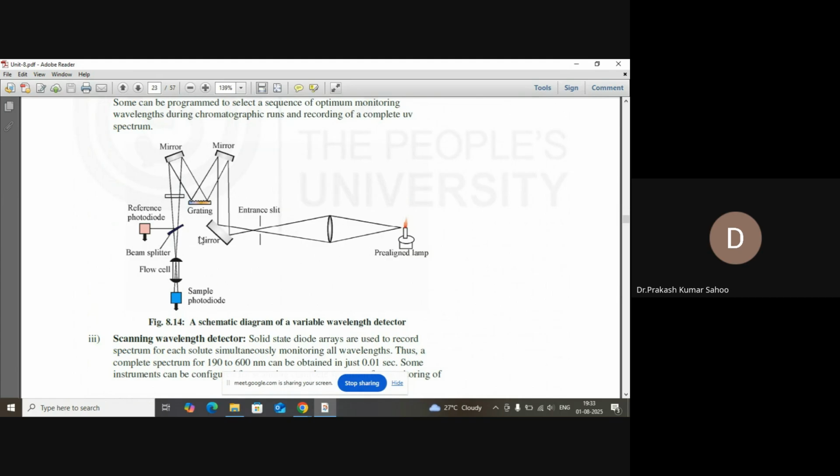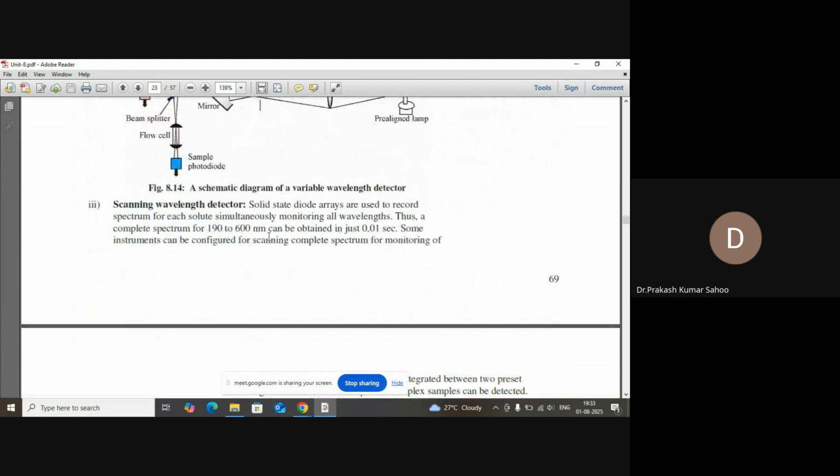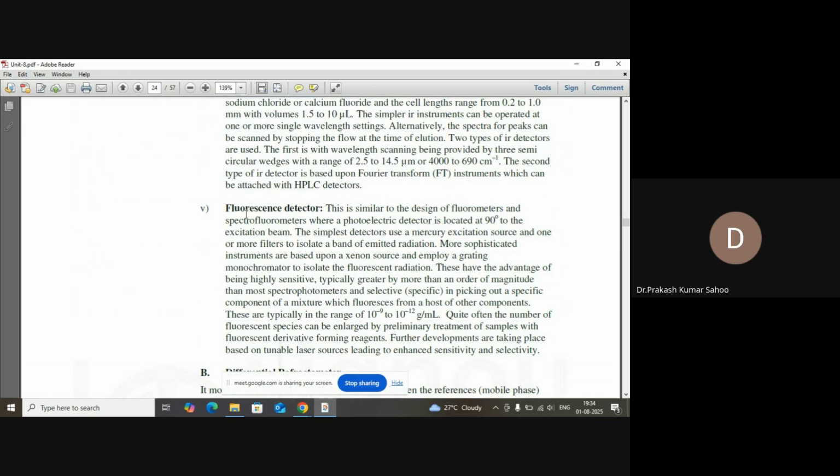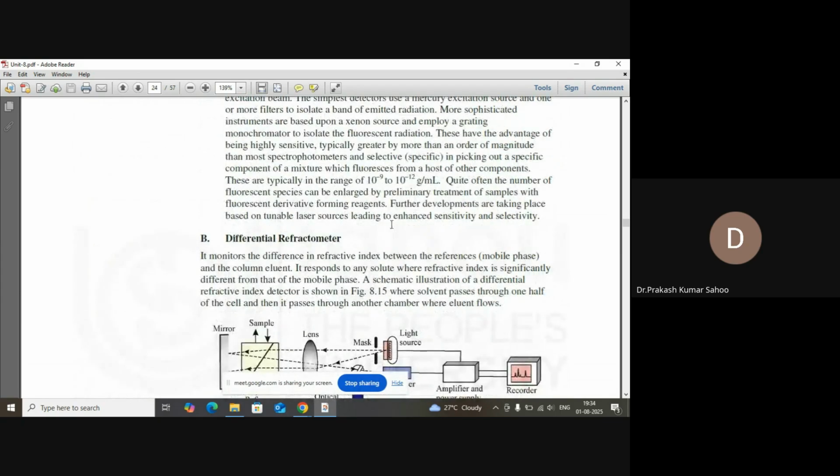So this is how your detector is operated. Then scanning wavelength detector. Here the wavelength is 190 to 600 nanometer with 0.01 second of time gap. Infrared, where IR radiation is used. Fluorescence, where your singlet to singlet transition is there. It is known as fluorescence.